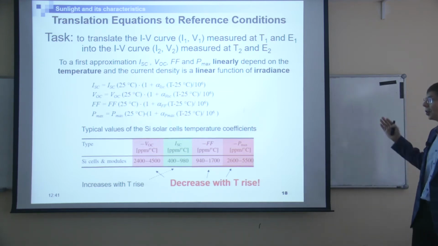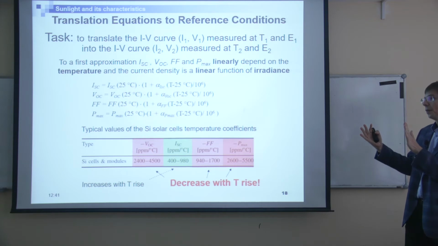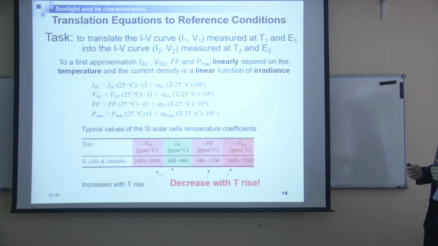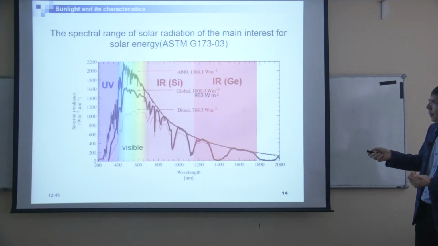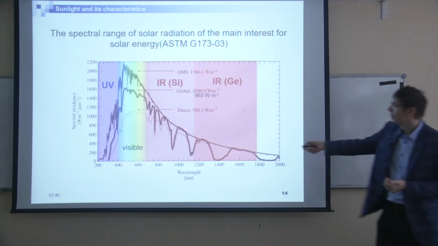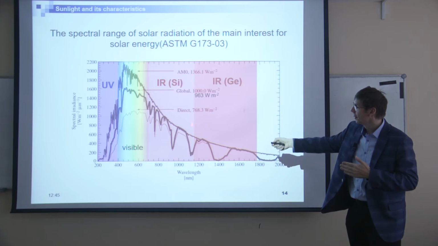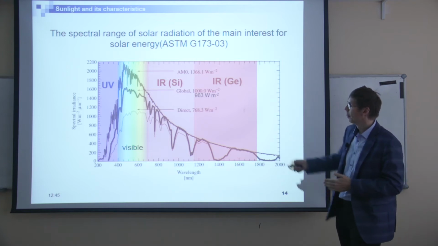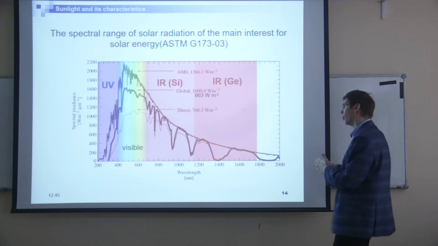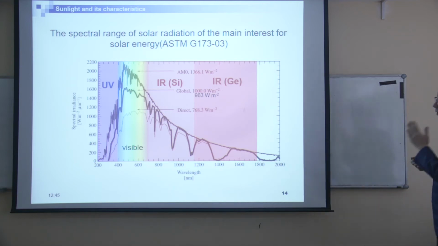So you have a decrease of the band gap with the temperature, and here you see, if you have a decrease of the band gap, it means this border is shifted toward the higher wavelength.